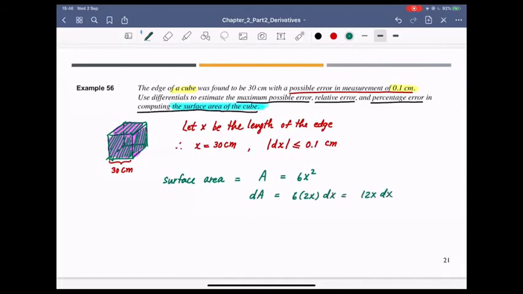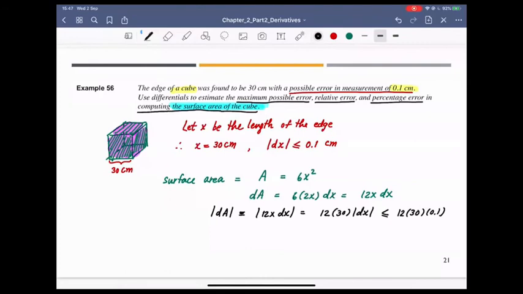All right. And then after that, you want to compute your absolute dA, right? Which is going to be the absolute value of 12x dx. You know that 12 is constant, your x is 30, and your absolute dx is not going to be bigger than 0.1. So that is 12 times 30 times 0.1.